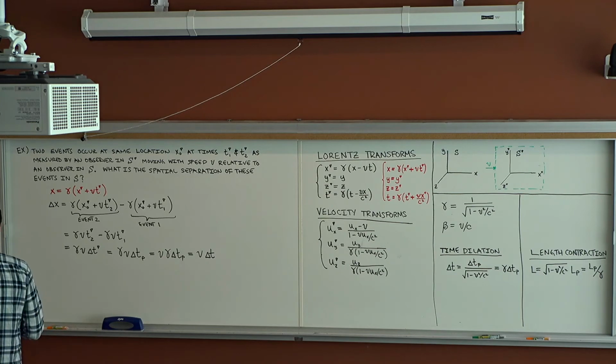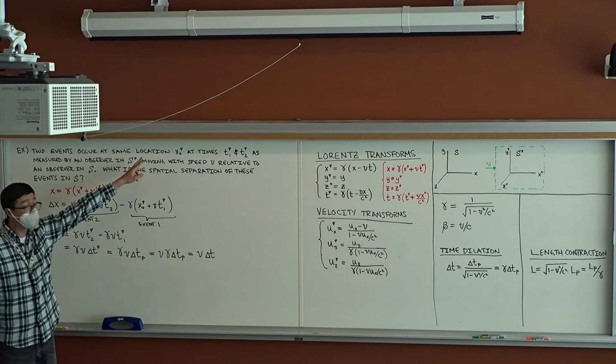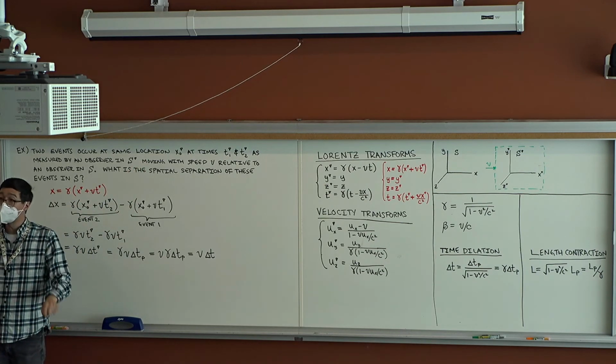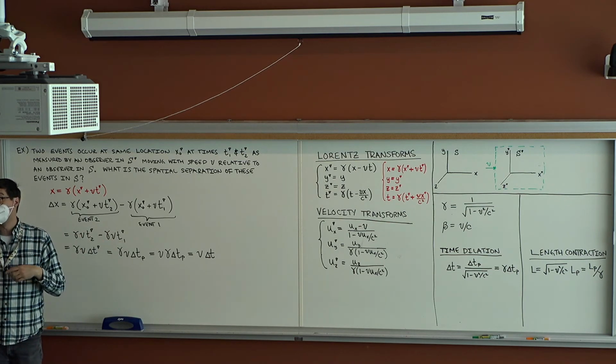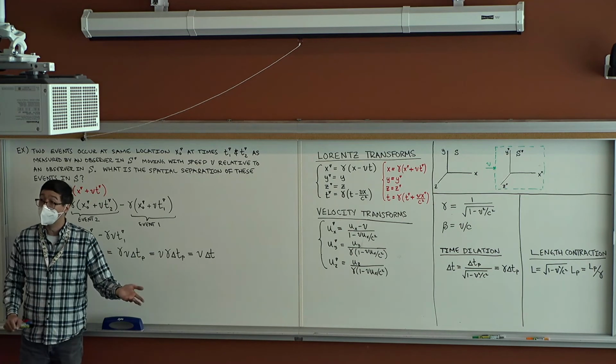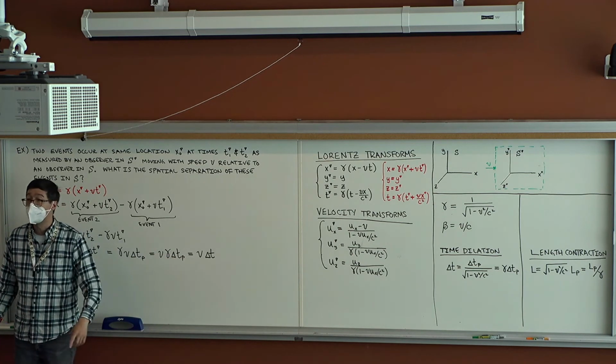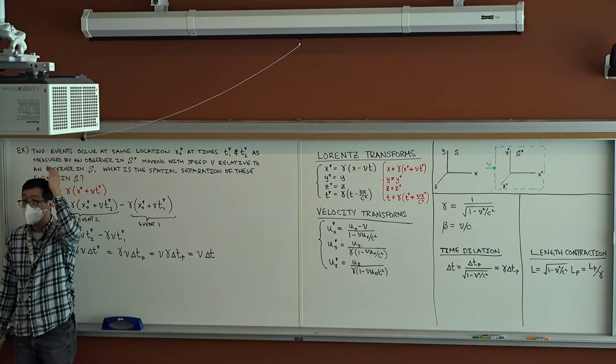This is kind of interesting, right? The primed frame says both events happened at the same spot. The unprimed frame says not necessarily, right? The unprimed frame says, in fact, no, if v is non-zero.